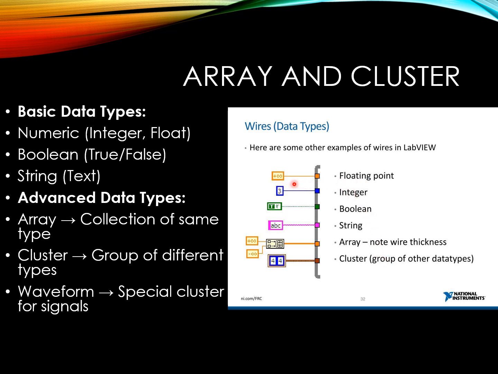Orange color indicates floating point representations, blue color represents integers, green represents Boolean, and pink represents a string, and this block represents the array where numerical data are stored here, and this block, that is the brown color shade, represents the cluster, which indicates different types of data are handled by a single block.